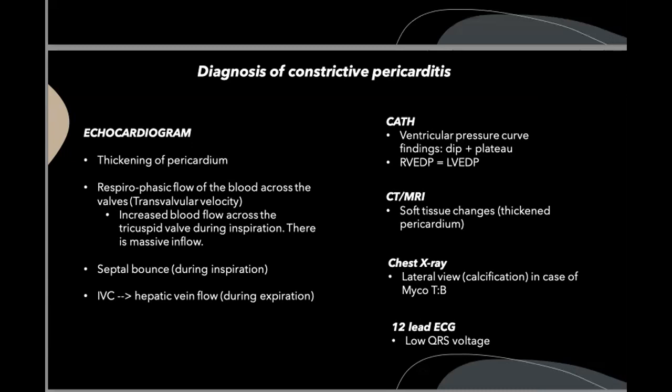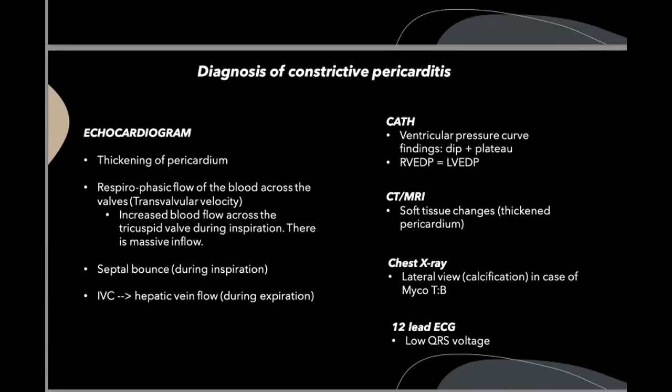Then we have some septal bounce as well during inspiration, and we will have dilation of the inferior vena cava because of the hepatic vein flow during expiration. So these are the findings, and a more accurate picture will be good if you search on YouTube and see how it actually looks on an echocardiogram.